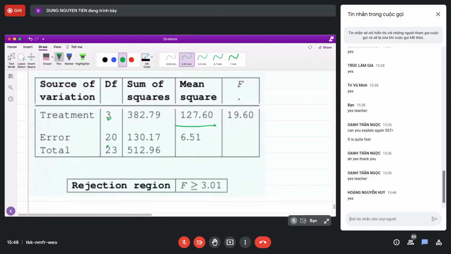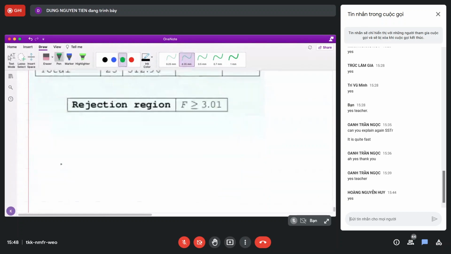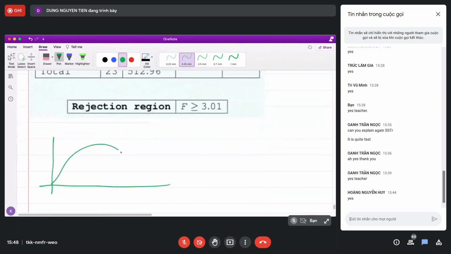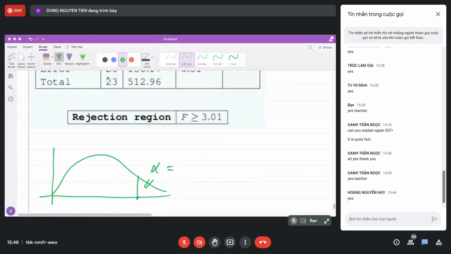Now we want to know if F is big or small. In order to get that, you need to determine the value C. This is the value C. This is going to be alpha. Suppose that alpha in our problem is 5%.